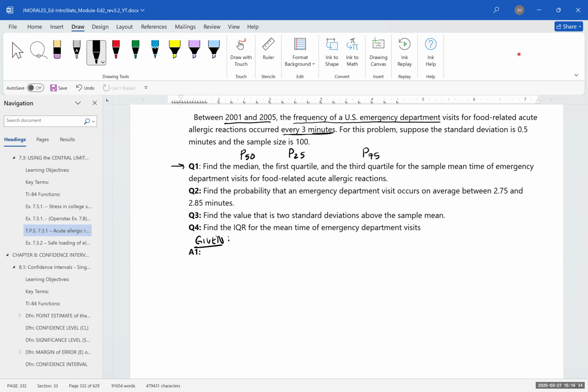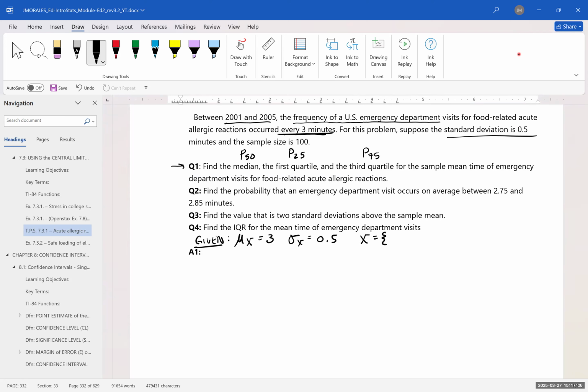The frequency of visits to the hospital for allergic reactions is every 3 minutes. So we'll put the mean of the frequency is 3, and the standard deviation is 0.5.